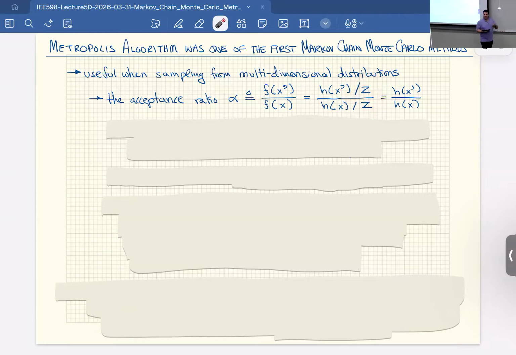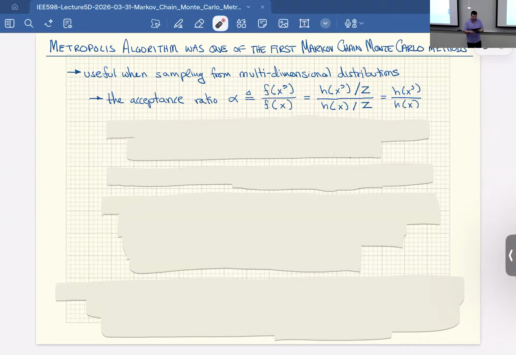And it doesn't sound like a big deal, but if you're talking about a multi-dimensional space, if I know the shape of the density function that I want to sample from, integrating under that, like figuring out how to scale that properly so that it's a probability density, means taking a really ugly integral.